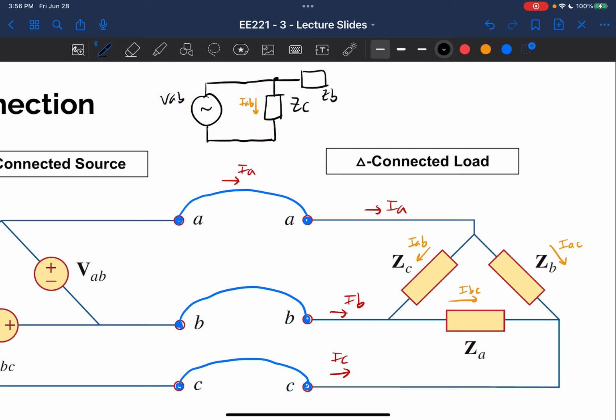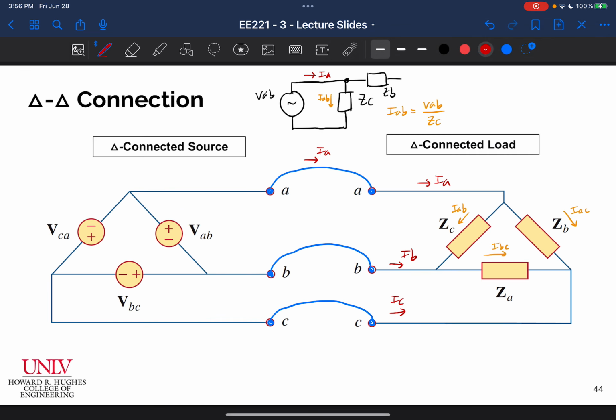So I could say very easily that IAB is equal to VAB divided by ZC, and that would be correct. It's just important to remember that KCL still applies, so we can't say that this current here is IAB. That's not IAB, that's IA. Okay, so that's important. This is why the delta ones get a little bit trickier to navigate, because we have to take that stuff into account.